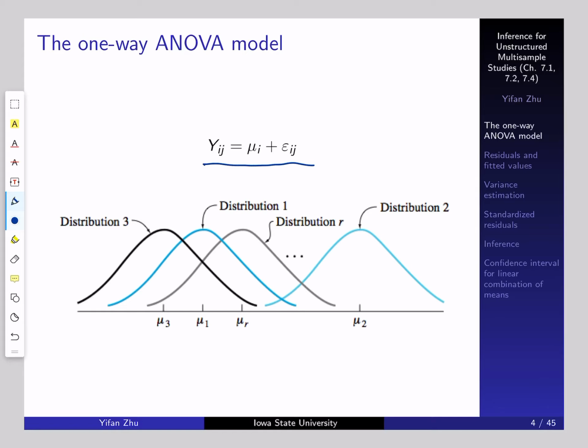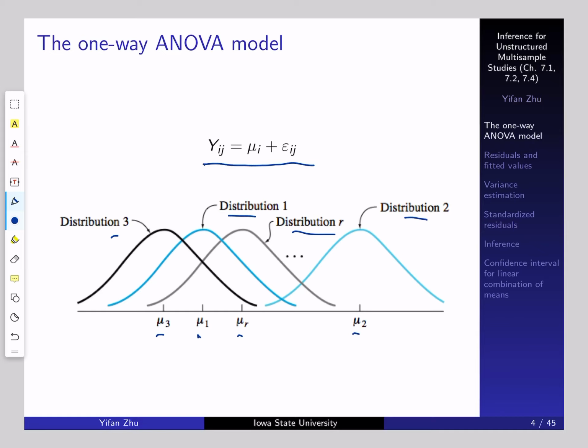These distributions, distribution 1, distribution 2, distribution 3 to distribution R, are the populations associated with level i. And mu 1 to mu R are the means for these distributions.